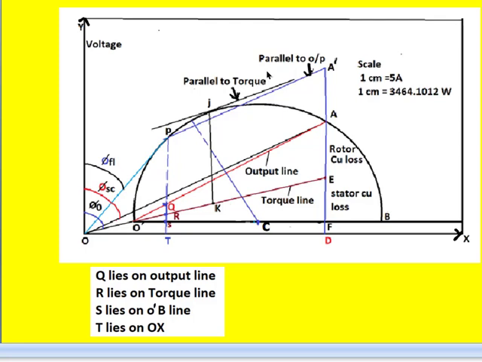And the efficiency of the motor is given by PQ divided by PT, which is around 80.73%. We obtained the full load power factor as cos 34 degrees, that is 0.83 lagging, and the full load line current is 32.75 amperes.